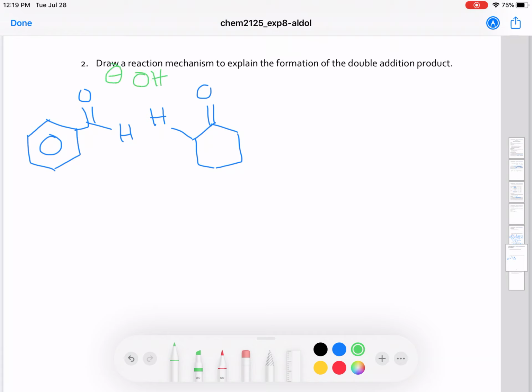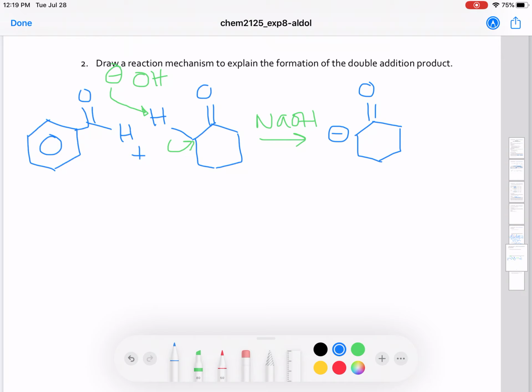We're going to be doing this in the presence of sodium hydroxide and ethanol. So the OH group grabs the hydrogen and gives the electrons in this bond to this carbon. So that will make this guy negatively charged.